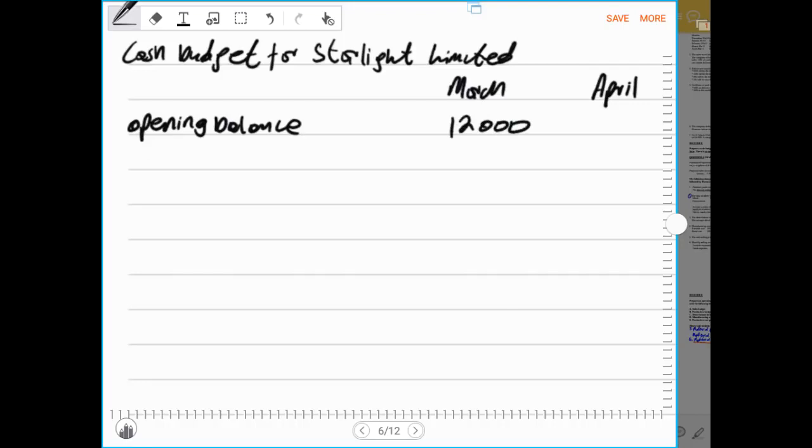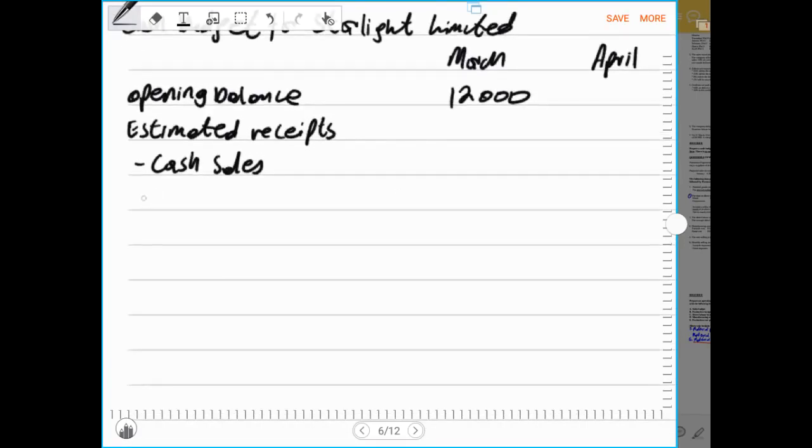Then we say estimated receipts. Then we have our cash sales. Then we have collection from debtors, or debtors collection.